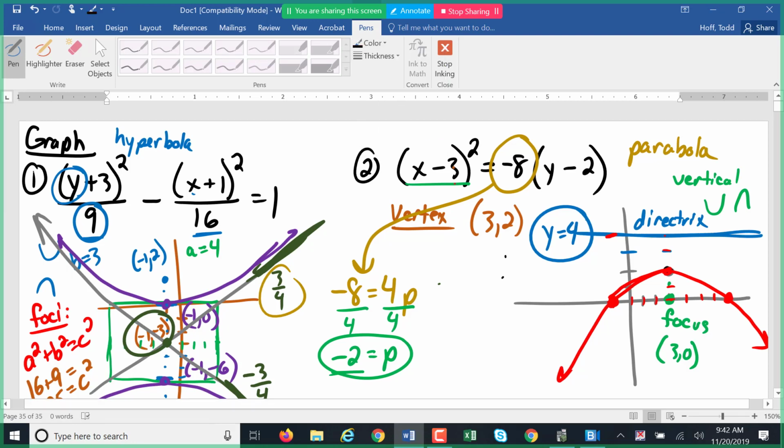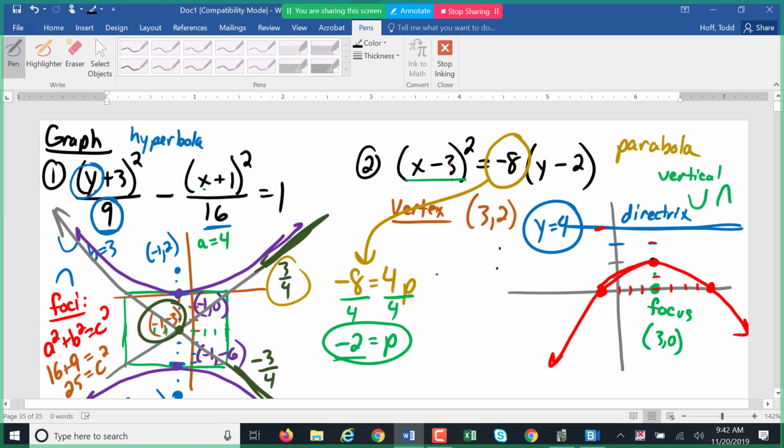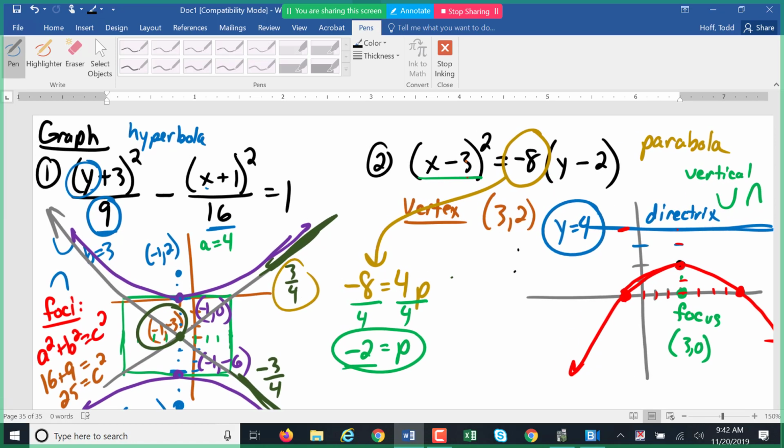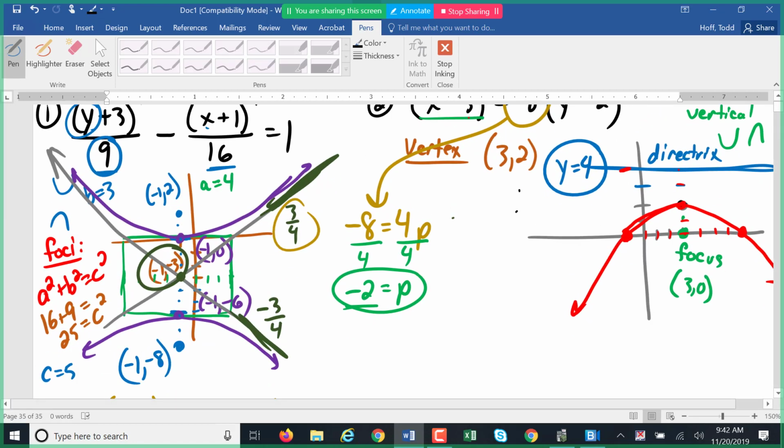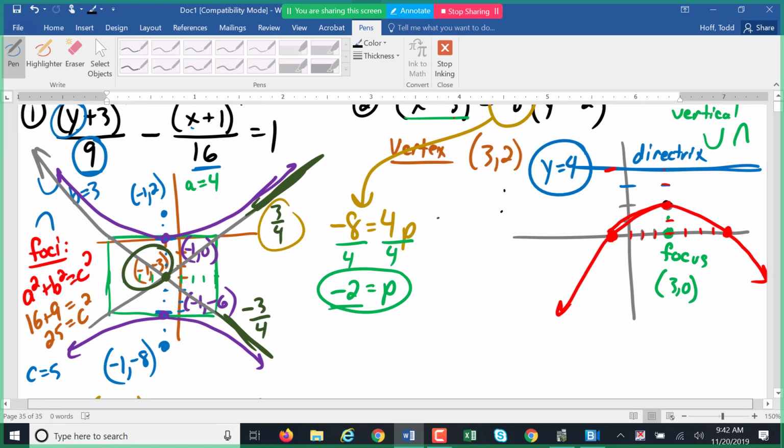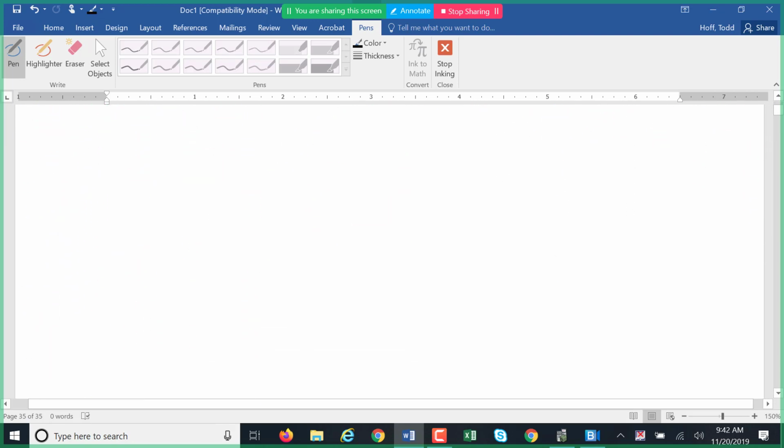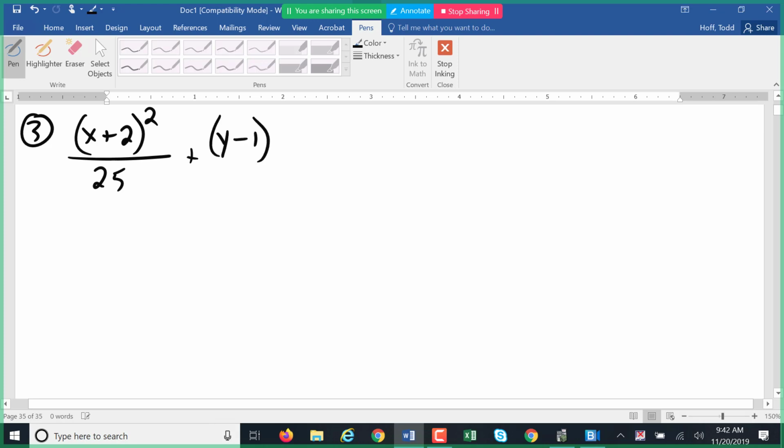Now, since we've put out 2 of them, let's put out the other 2 and how we know what shape they are on the graph. So if I were to give you the equation, a third equation here, x plus 2 squared over 25 plus y minus 1 squared over 9 equals 1.